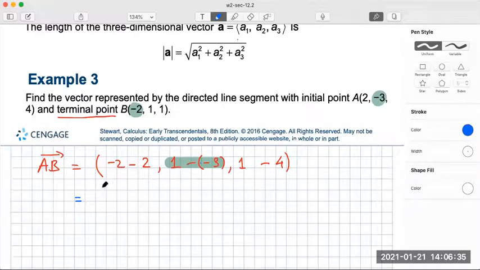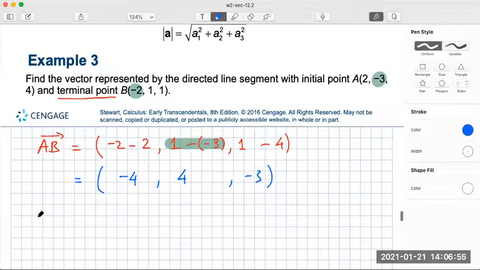So therefore, the first component will be negative 4, very good. And the second? 4, very good. And negative 3, yes. Very good. So what is the length of this vector?